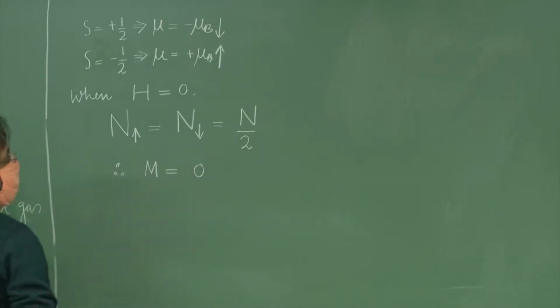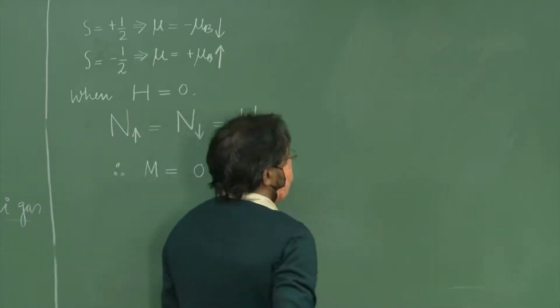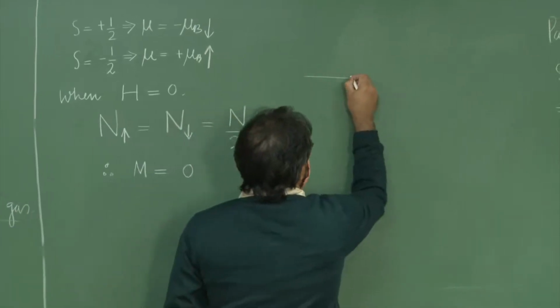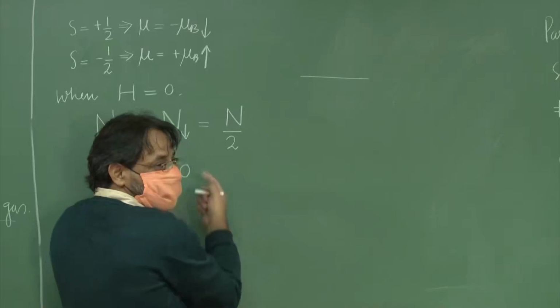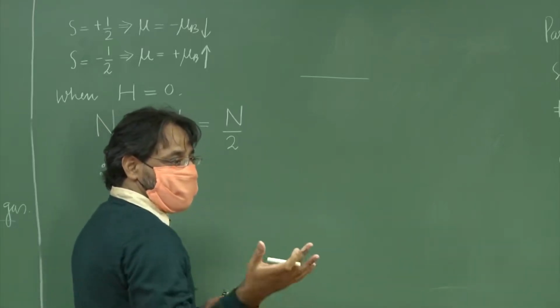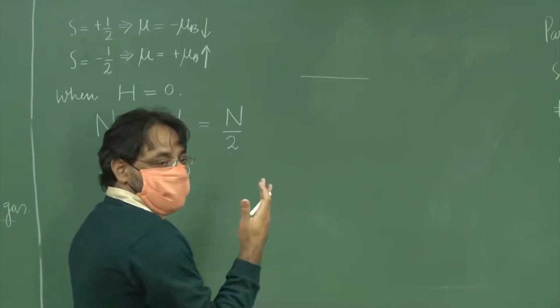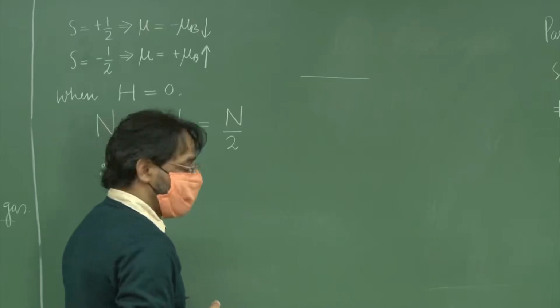Now, what's going to happen when you turn on the magnetic field? So, in the presence of a magnetic field, these two levels, this up and down degeneracy, is going to get lifted, right? Why? Because in the presence of a magnetic field, as I explained earlier, the magnetic moment wants to line up in the direction of the magnetic field, right?